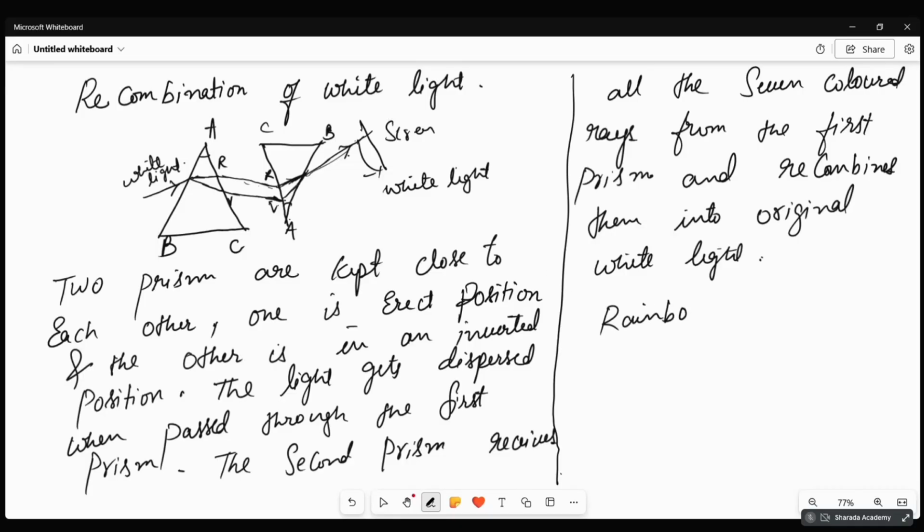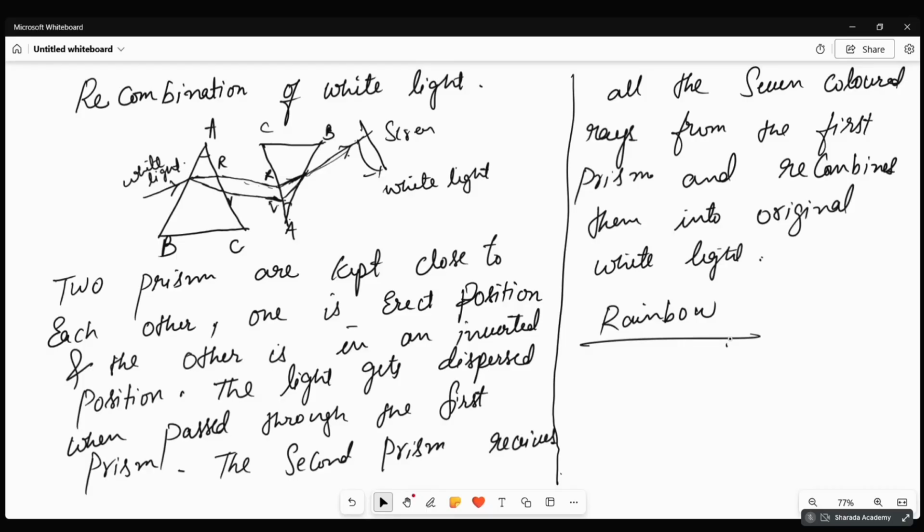Now tell me about the rainbow. There is the dispersion of the light, and also there is total internal reflection. So total internal reflection is another phenomenon that we see. When an incident ray goes from one medium to the other medium, there is some angle called the critical angle.